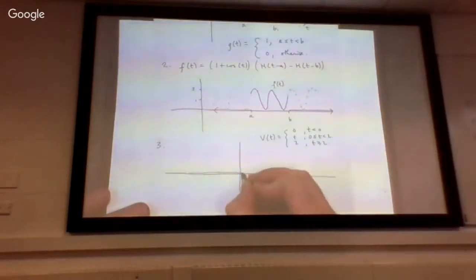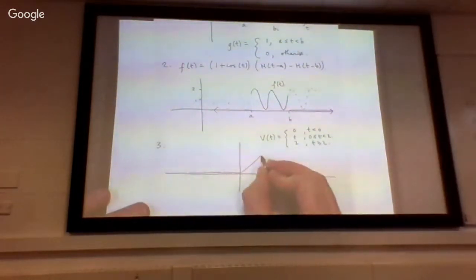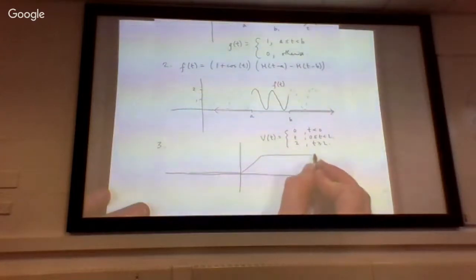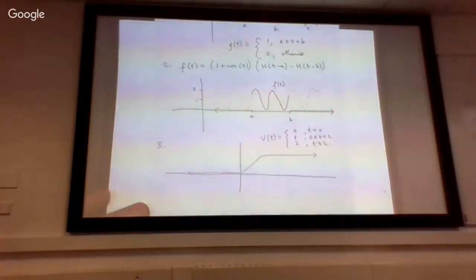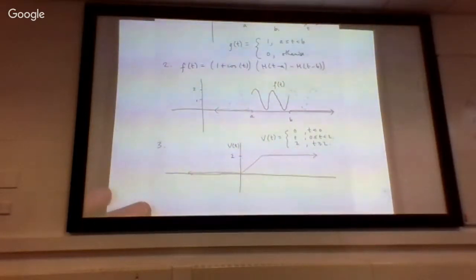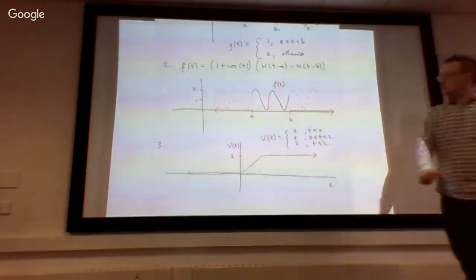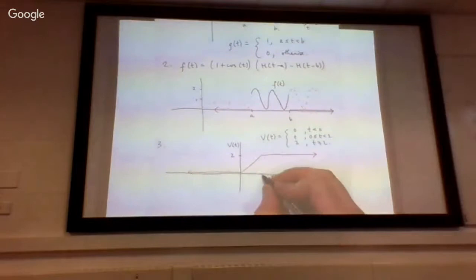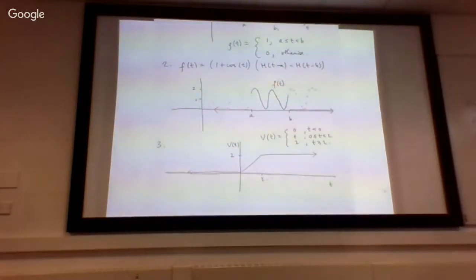It's switched off, then there's an increasing ramp up to a certain level, and then it's at the value 2. Agreed? That's pretty much the function v. This value here where it levels off is 2.